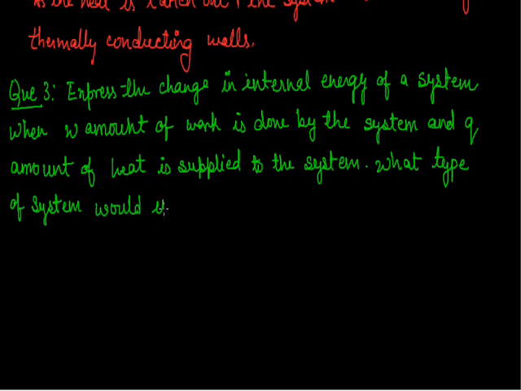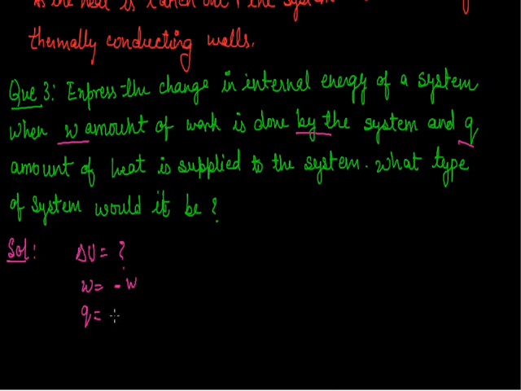system would it be? Now, the solution for this question is, what should we calculate? We should calculate the change in internal energy. Here, the W amount of work is done by the system. By the system means the sign of work will be negative, and the Q amount of heat is supplied to the system.